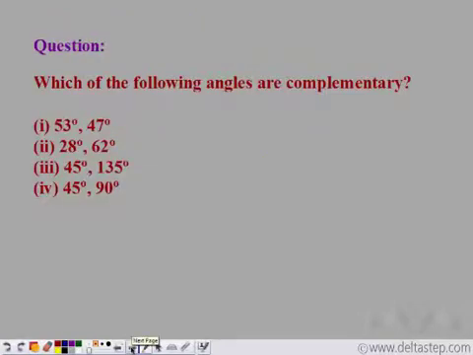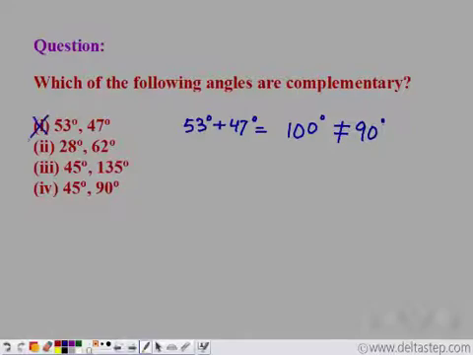So now, can you say which of these angles are complementary? Well, let's add these angles and check. 53 degrees and 47 degrees. So 53 degrees plus 47 degrees is equal to 100 degrees, which is not equal to 90 degrees.